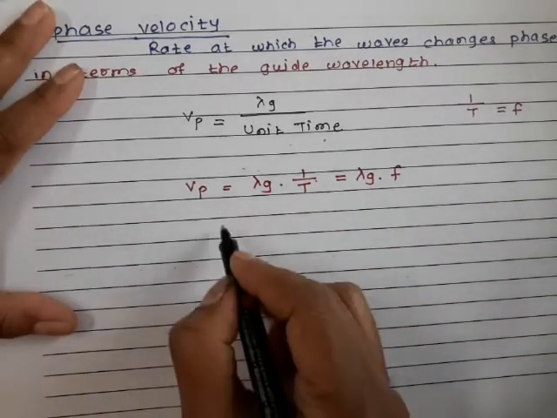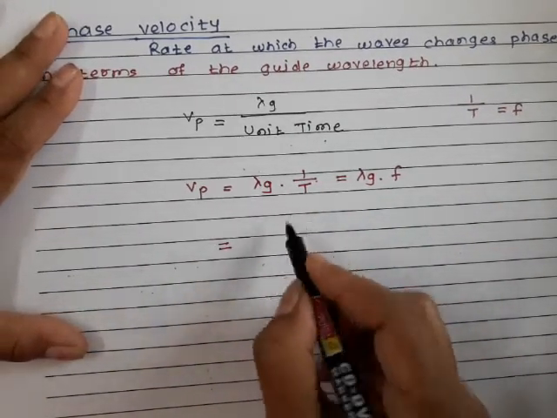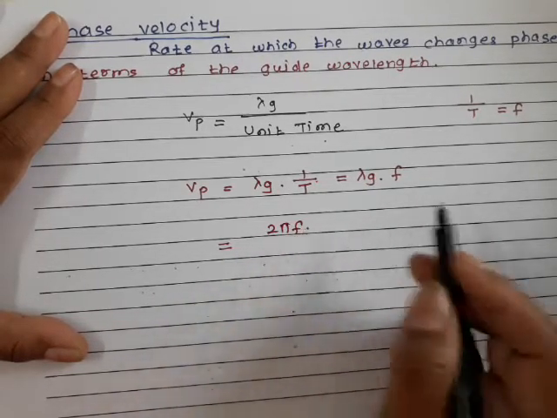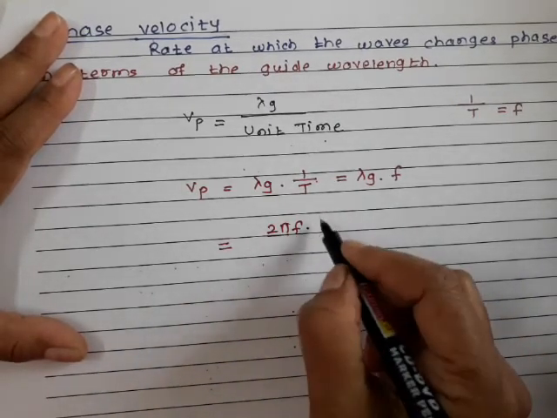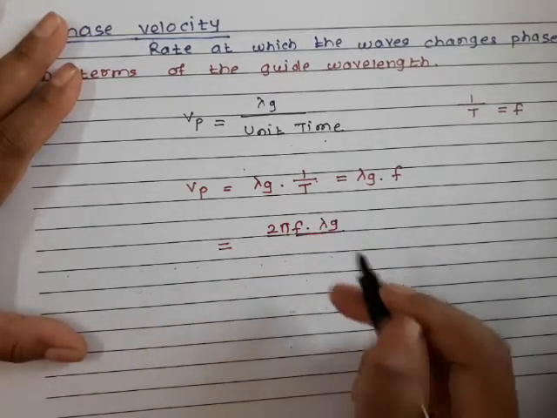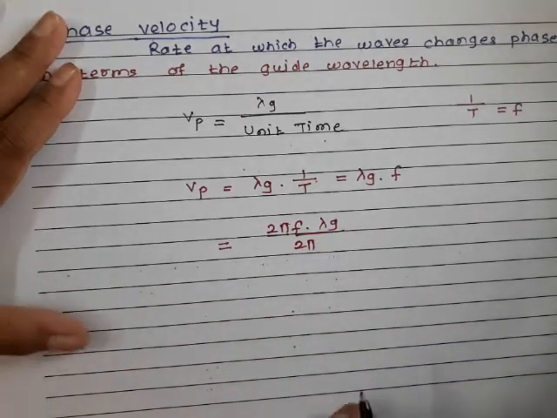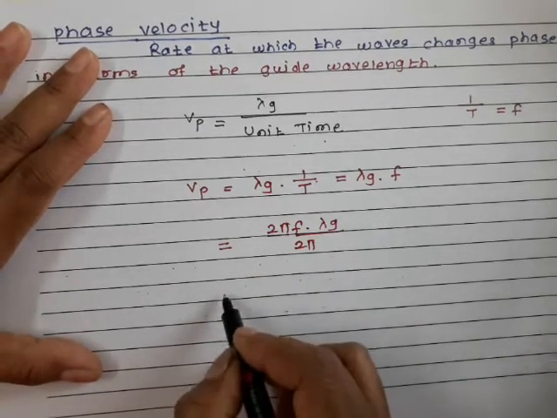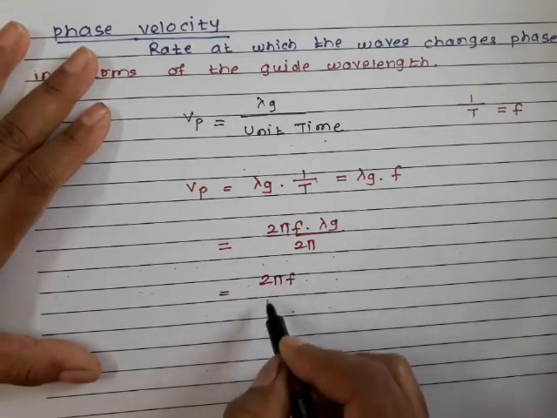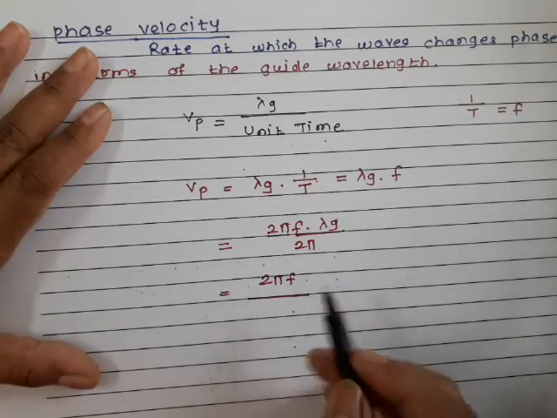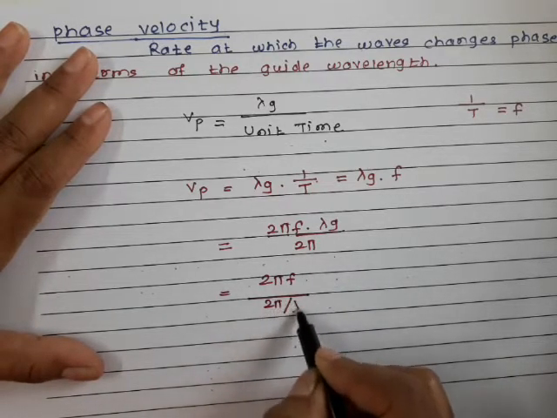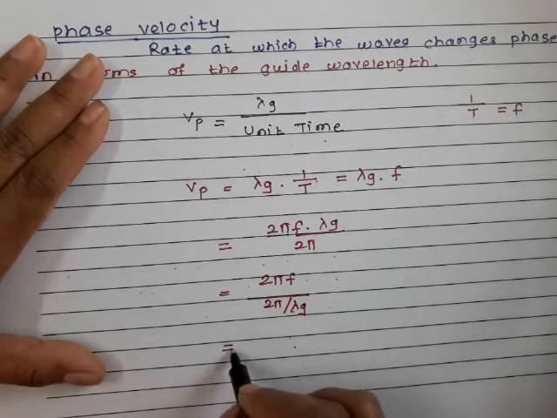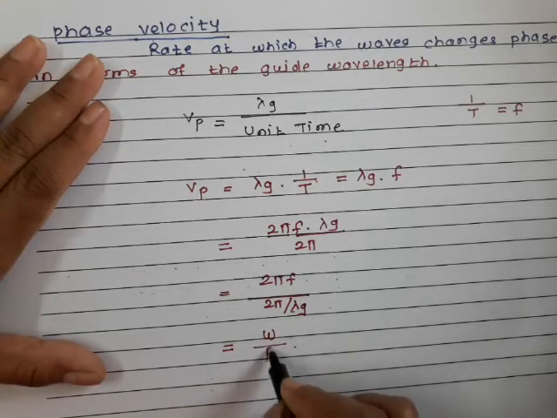Now if I multiply both sides by 2 pi, it becomes 2 pi f lambda g divided by 2 pi. 2 pi f is nothing but omega, so I separate out 2 pi f divided by 2 pi by lambda g. So this equation becomes omega by beta.